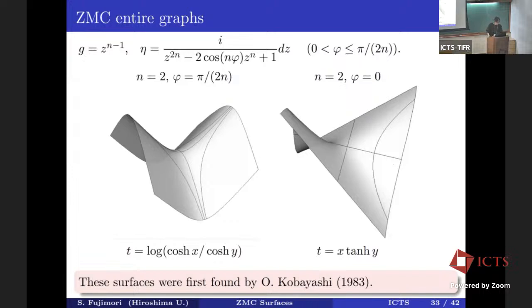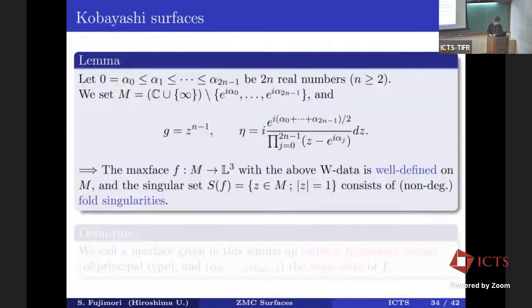And these surfaces were first found by Osamu Kobayashi in the 1980s. So we named this entire graph the Kobayashi surface. And we consider the generalization. Okay. Let alpha 0 to alpha 2n minus 1 be real numbers satisfying this inequality.